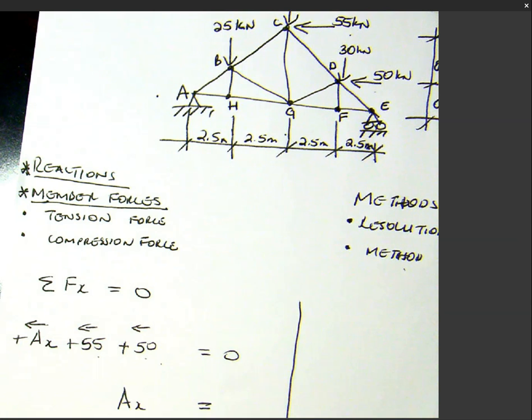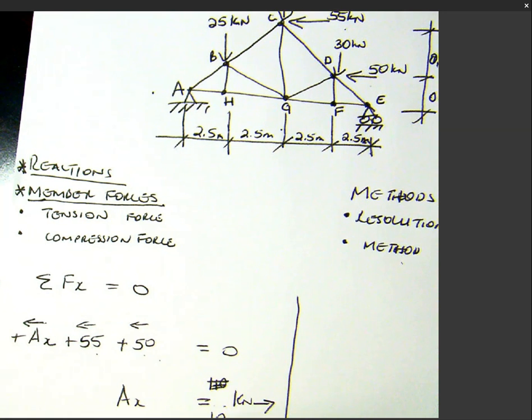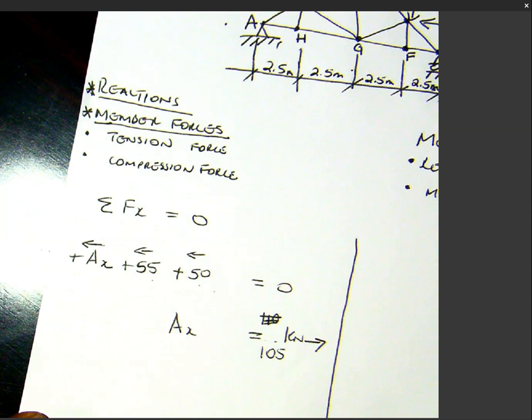Okay, then you're getting AX up here, and your answer is going to be negative. So that means AX is going in which direction? This direction. It's going to be something kilonewtons going this direction. I can work it out easily: 55 plus 50 is 105 kilonewtons going that way. Because if you take it to the other side of the equal sign, it becomes negative.